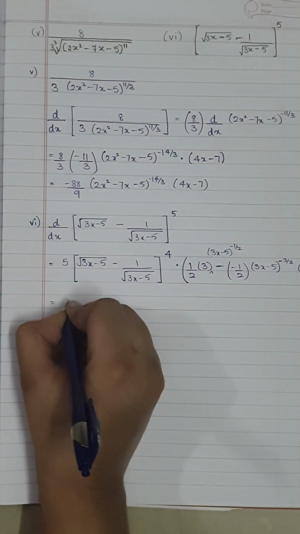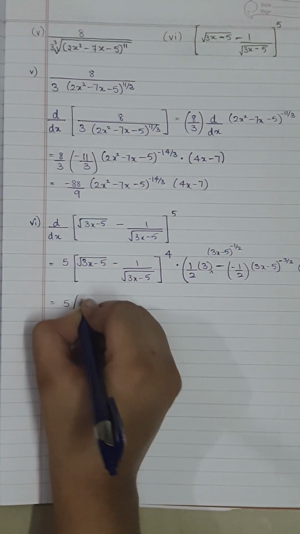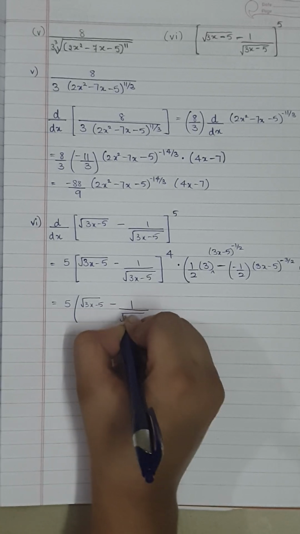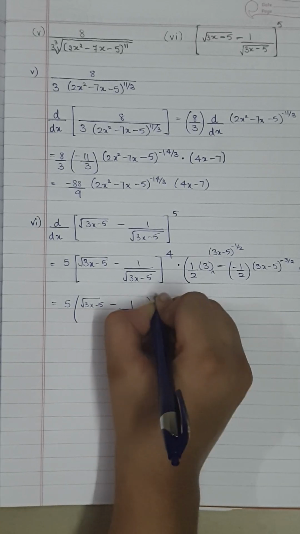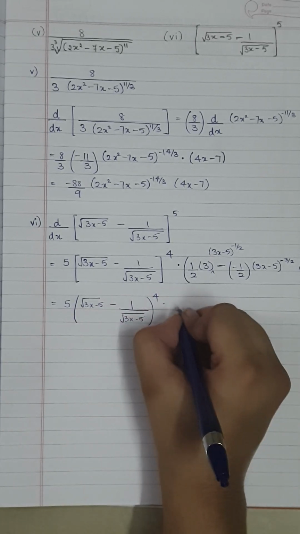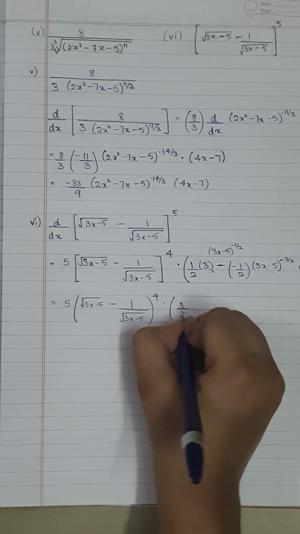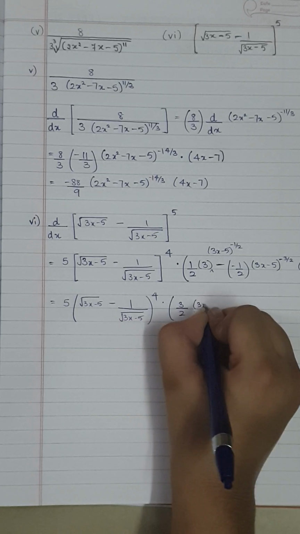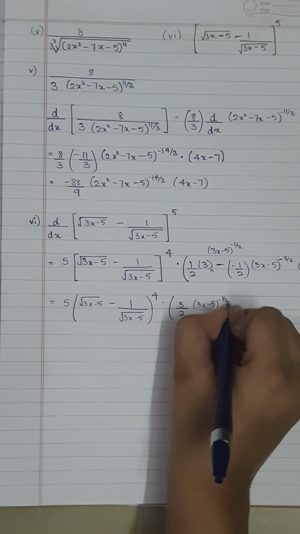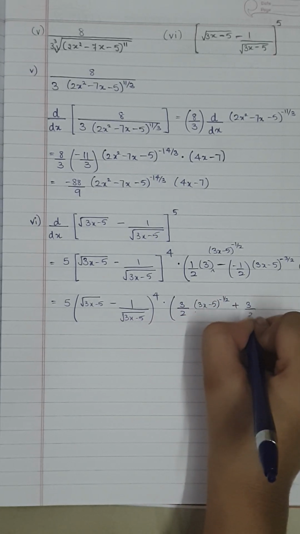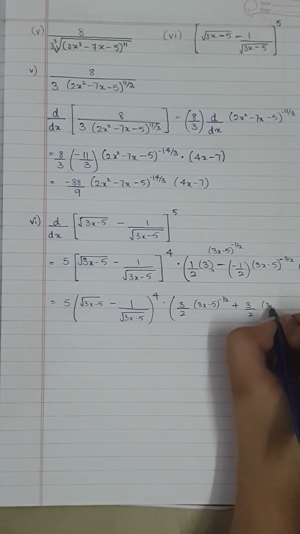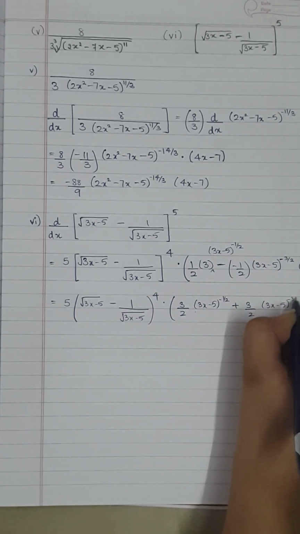Writing this in a better form, you have 5 under root 3x minus 5 minus 1 upon under root 3x minus 5, the whole to the power 4, into 3 by 2, 3x minus 5 to the power minus 1 by 2 plus 3 by 2, this 3 comes here, and minus minus plus, so 3 by 2 3x minus 5 to the power minus 3 by 2.